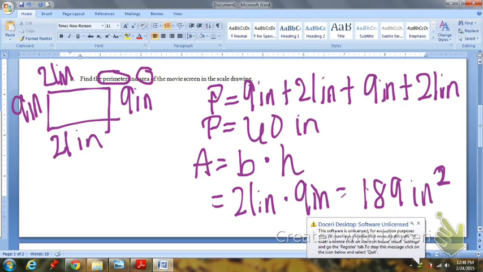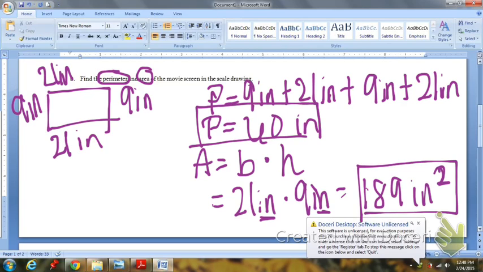Because remember, area is always squared units because you have inches times inches, which makes inches squared. So our perimeter is 60 inches, and our area is 189 inches squared. Did we answer our question? Our question asked us to find the perimeter and the area of the movie screen in the scale drawing. So yes, we did answer our question.